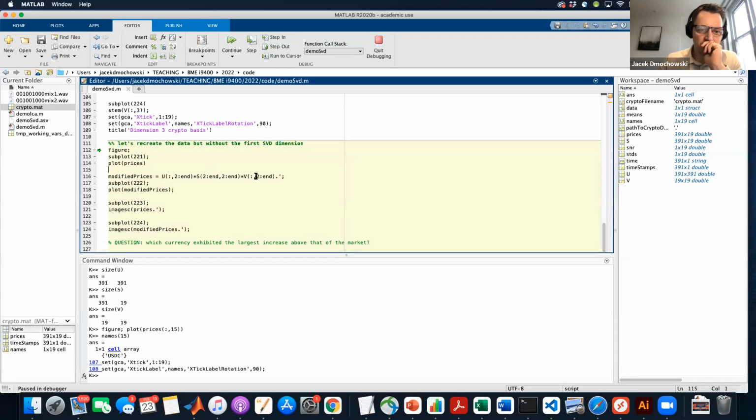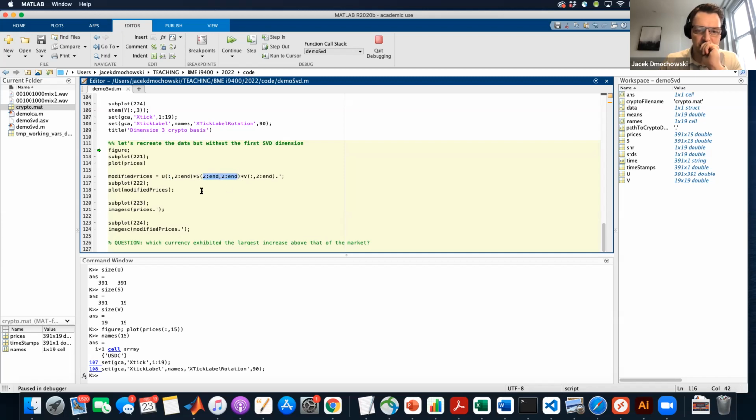So here's the important line of code, and I'm going to take a second to unpack it. This is a subset of matrix U, taking all the rows and all the columns except for the first column. 2 to n means columns 2 to 391.